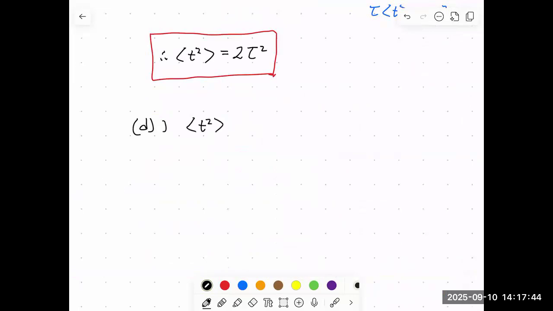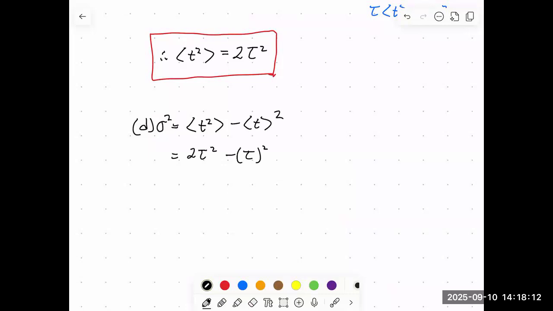So the standard deviation squared is equal to the expectation value of t squared minus the expectation value of t, squared. And we've worked these out. This is 2 tau squared minus tau squared.